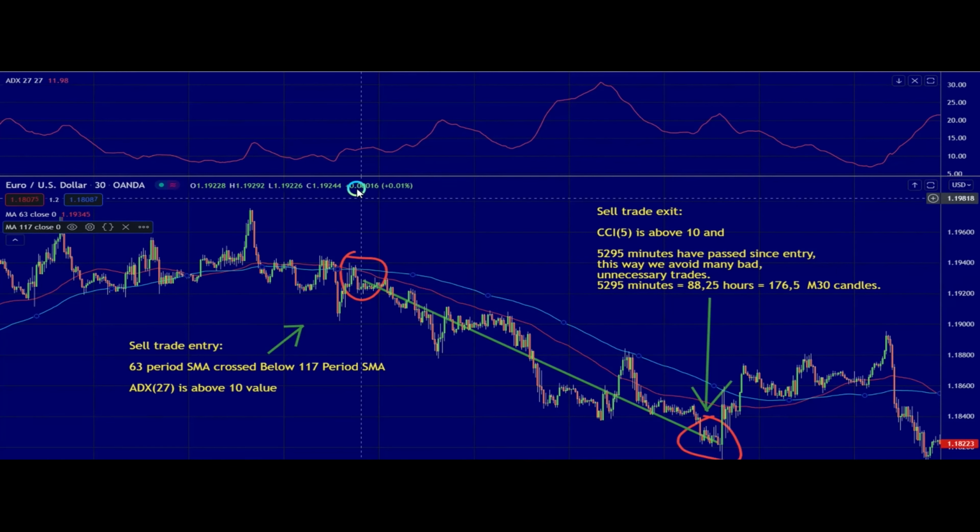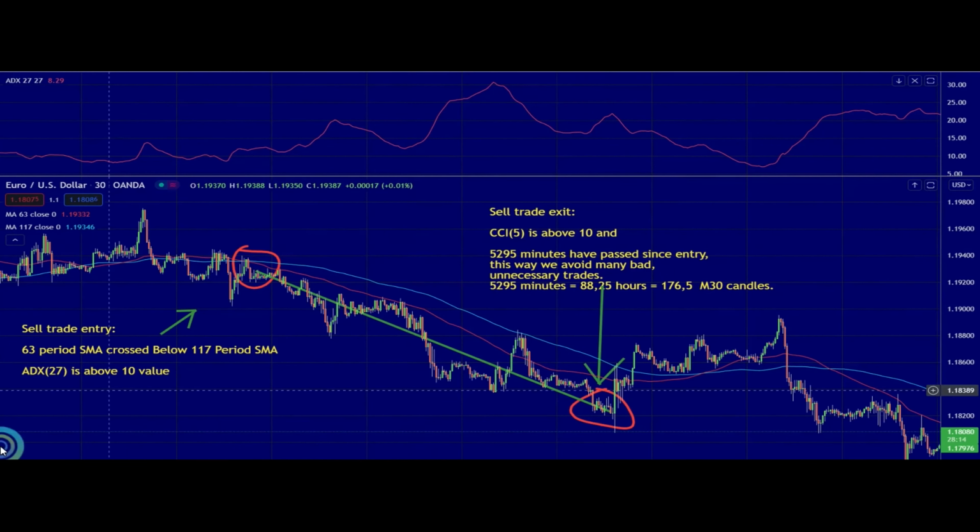It just crossed and we are above the level we want to be above, so it is a perfect entry, and we took the trade, and my algorithms took the trade.